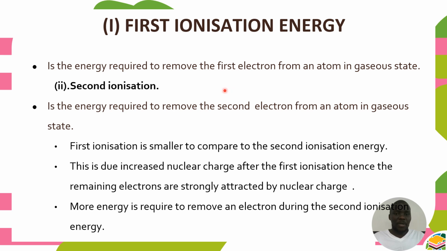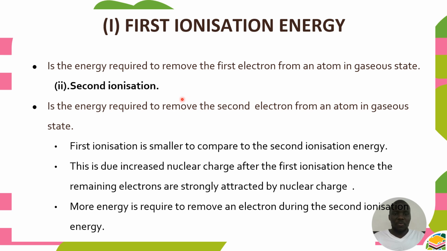So let us go into details. If you check in the periodic table, some atoms have 1 electron in the outermost shell, others 2, up to group 7 where they have 7 electrons in the outermost shell. So if it has 2 electrons, it means we can remove all of them. Ionization energy is possible.